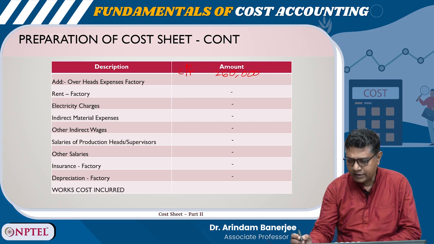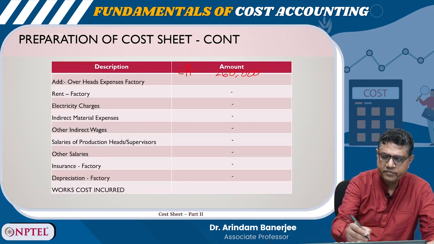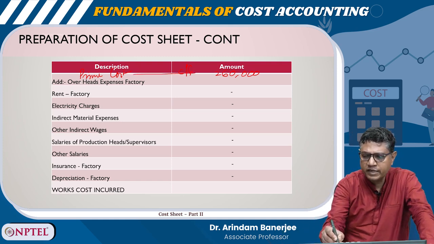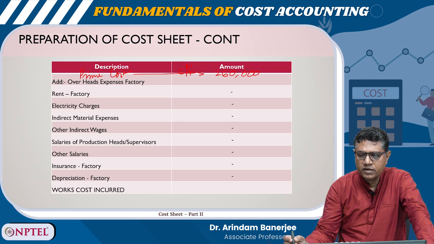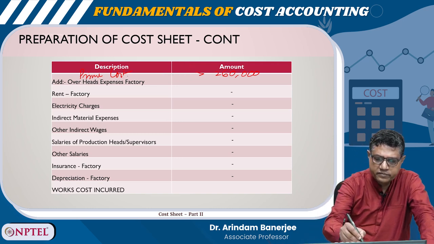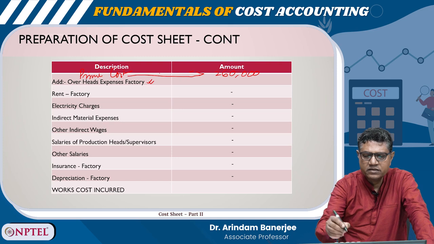You see, it is coming 2,60,000 from here. This is my prime cost, 2,60,000. Now I am adding the overheads.